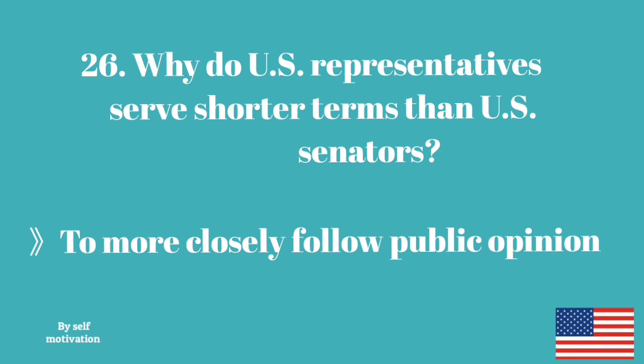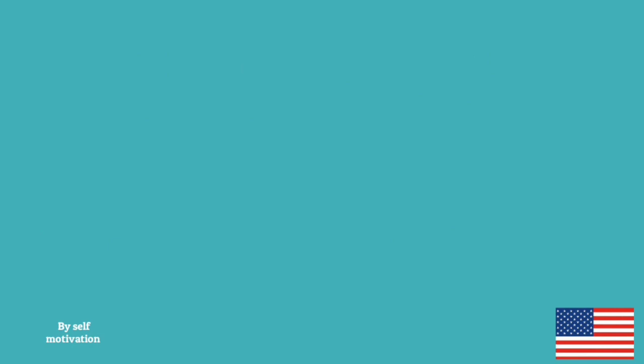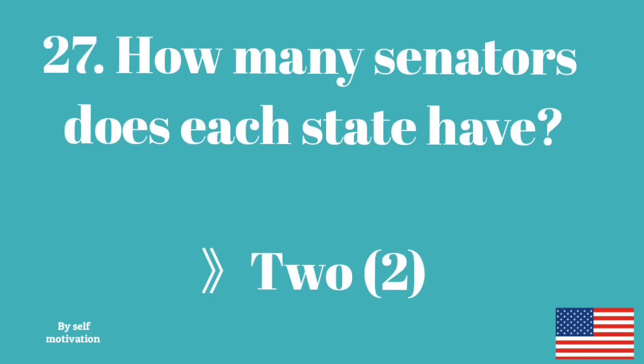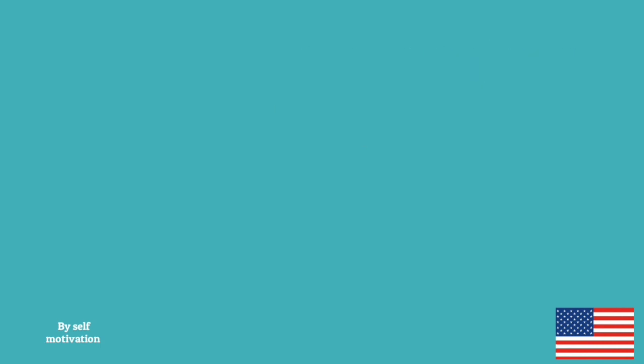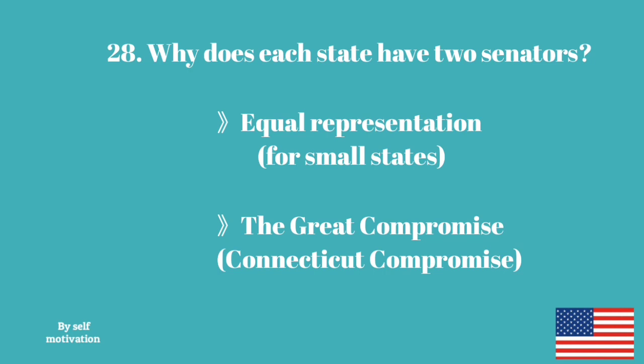To more closely follow public opinion. How many senators does each state have? 2. Why does each state have 2 senators? Equal representation for small states. The Great Compromise. Connecticut Compromise.